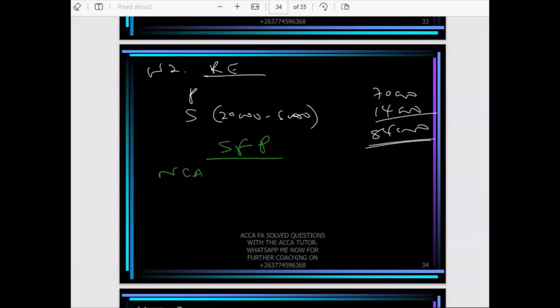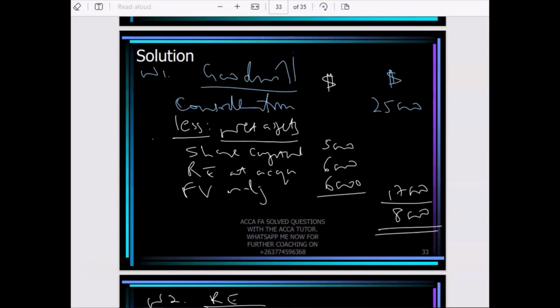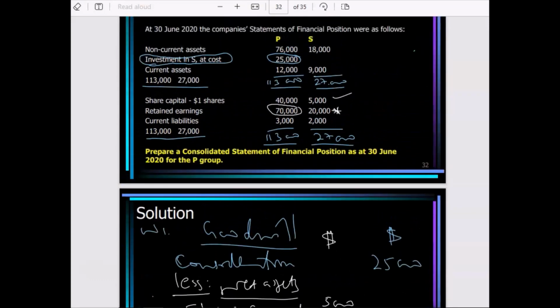For the non-current assets, we go to the question. We add the parent's non-current assets to those of the subsidiary, and get the total.